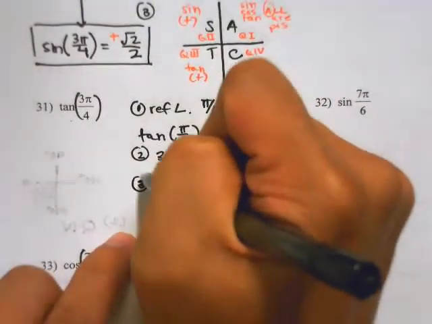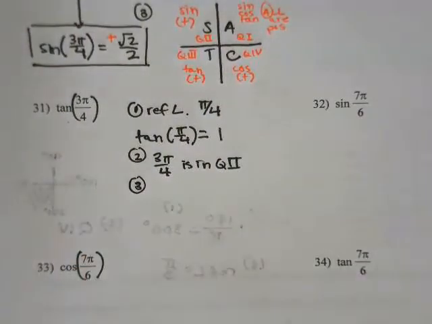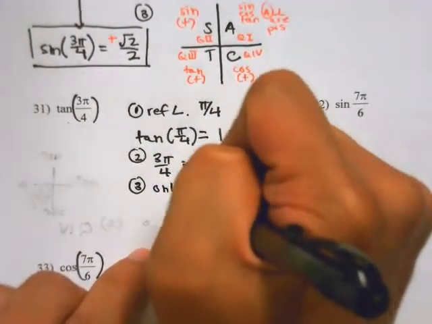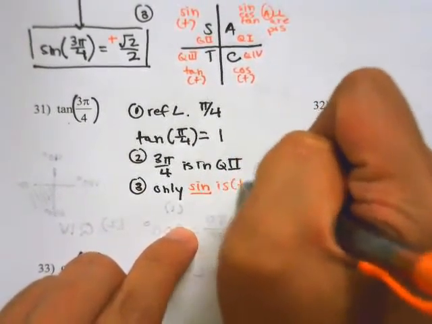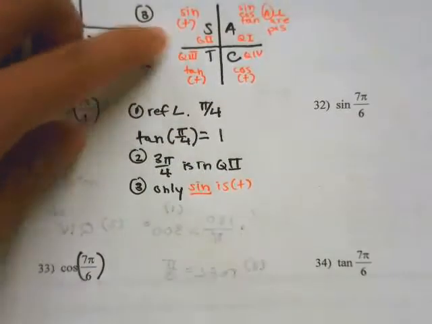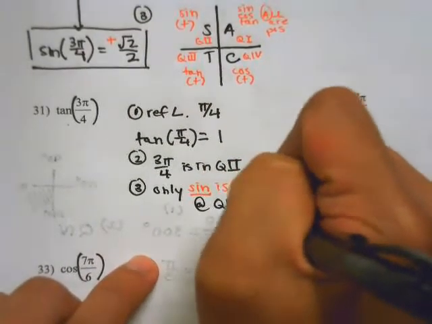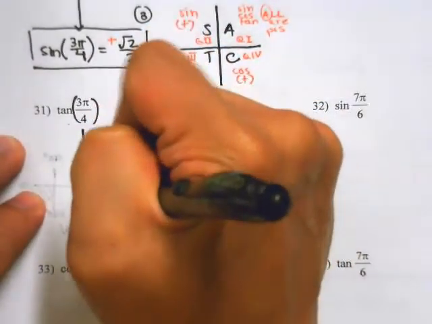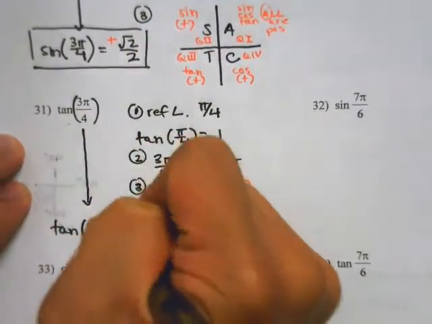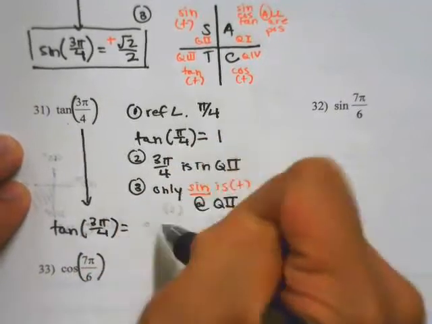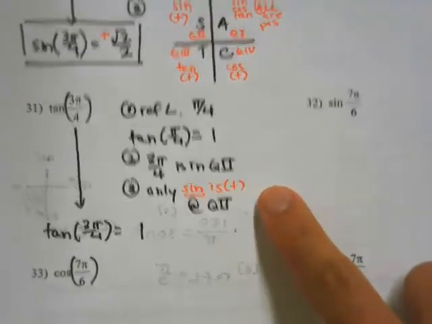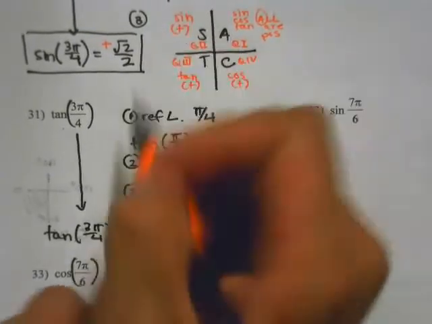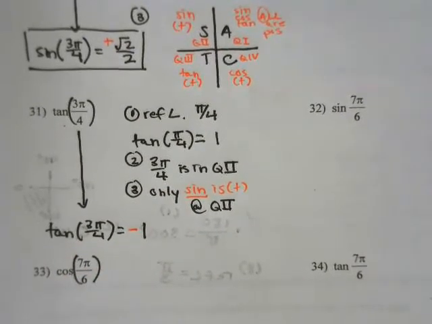Now let's take a look at All Students Take Calculus. Only sine is positive in quadrant 2. So when we finalize this, tangent of 3 pi over 4, I'm going to put the 1 because that's what pi over 4 was. But because sine is the only one that's positive, we have to make this negative. So tan of 3 pi over 4 is actually negative 1.